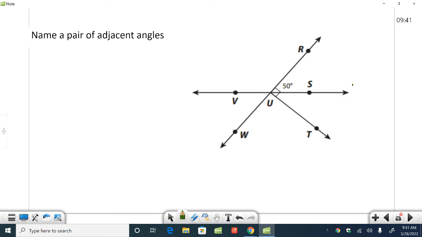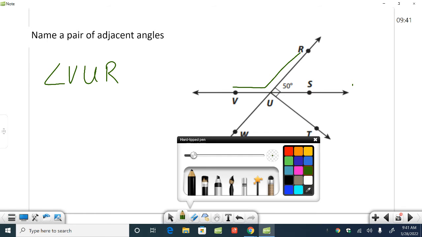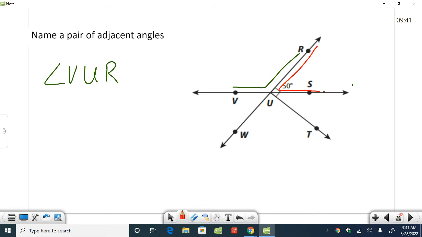U. V, U, R. So angle VUR, and if they're adjacent, they're side by side. We could also use this one. Angle RUS. So they're side by side, right?